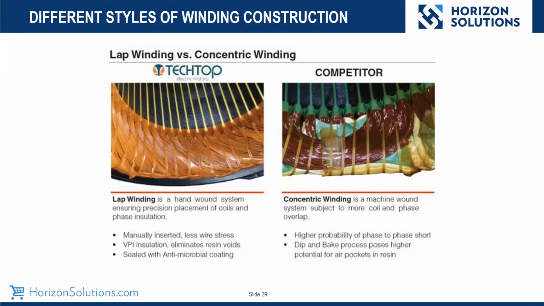These two things add to a better, higher quality motor. Also, another thing that they do, and I don't know if you ever asked this from your motor manufacturer, they do a lot with antimicrobial coating that they apply also on the resin to help in situations where you have mold or bacteria. Next slide.